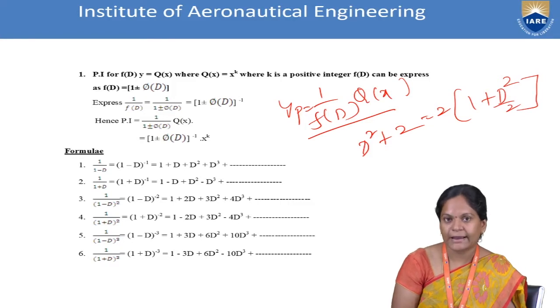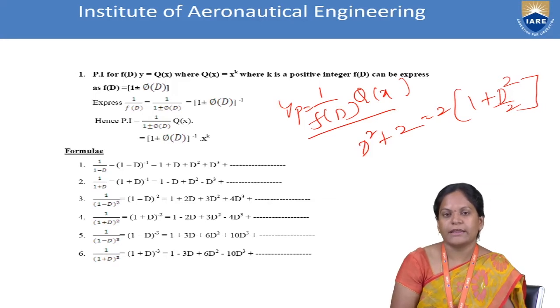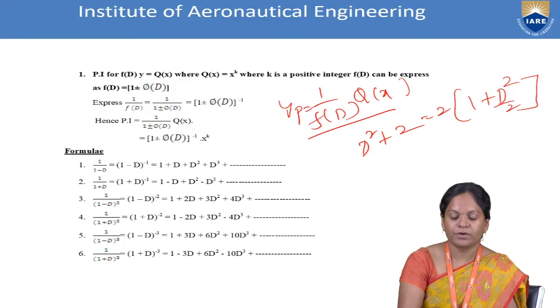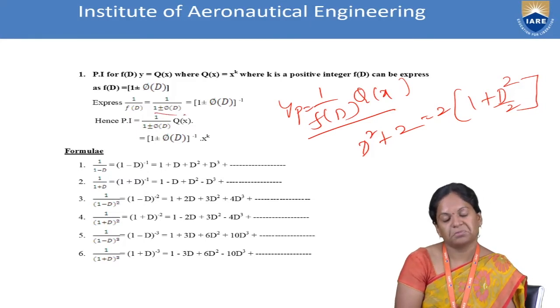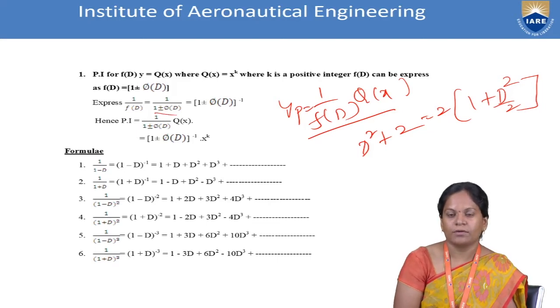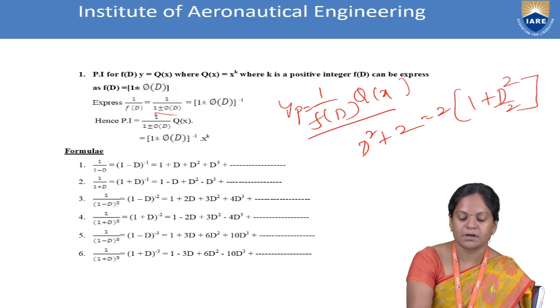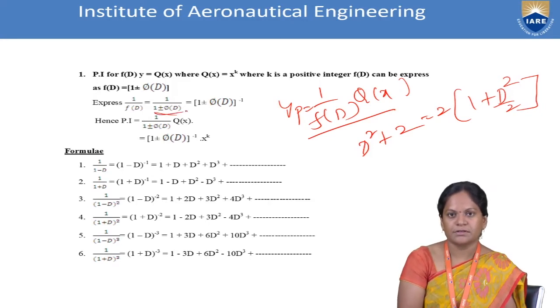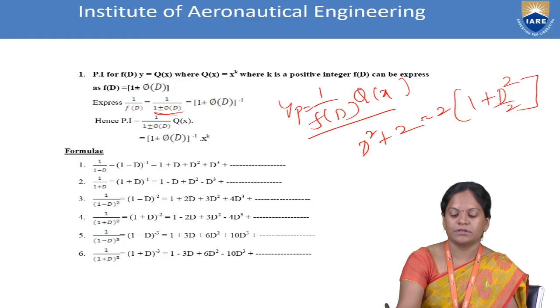We have some standard binomial expansions to expand this, so that's why we take the least term common in any function f of D. If we take 1 by f of D, I am writing it generally as 1; sometimes we have a plus term or a minus term. If we take the least term common, we have to bring it into the form 1 plus or minus phi of D. Phi of D is some function of D. In this, what is phi of D?